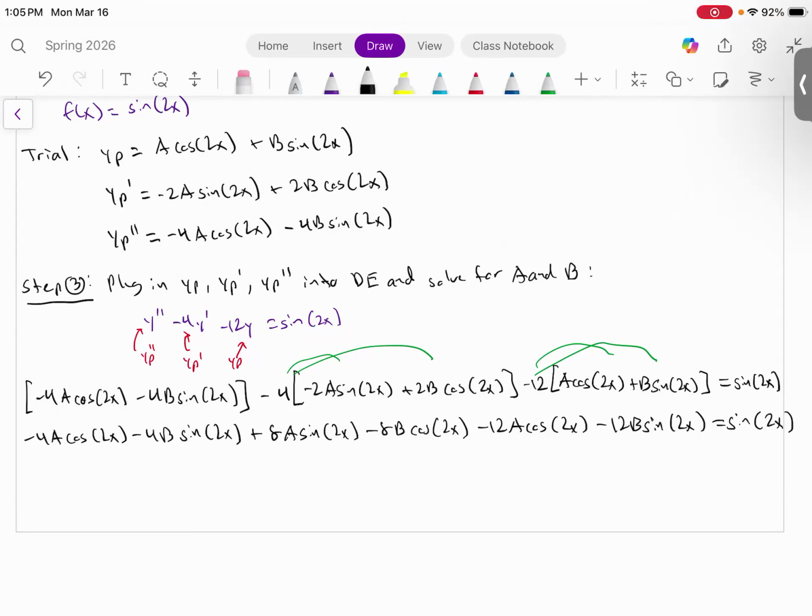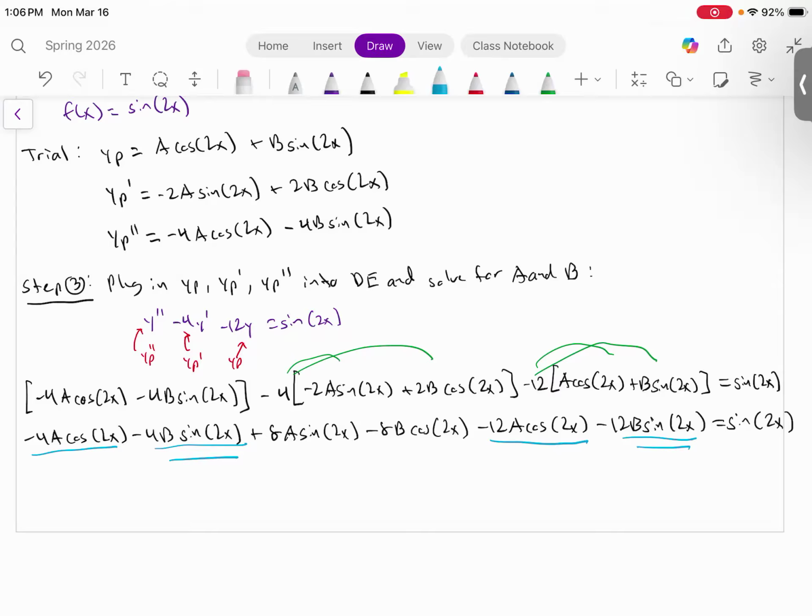Okay, so what I'm going to do now is combine some of these like terms. So -4a cosine of 2x. I see an a cosine of 2x, -12a cosine of 2x. So we're going to combine some of those. So we'll underline them. And then what else do I have in common? I have a -4b sine 2x and another -12b sine 2x. So we'll combine some of those. I'll underline it twice. And then the 8a sine 2x and -8b cosine 2x, there's no like terms with those, so those will stay the same.